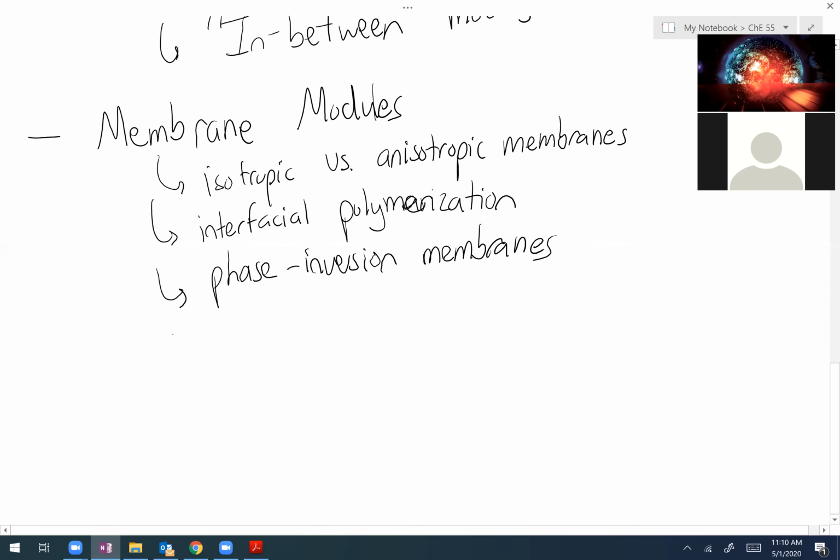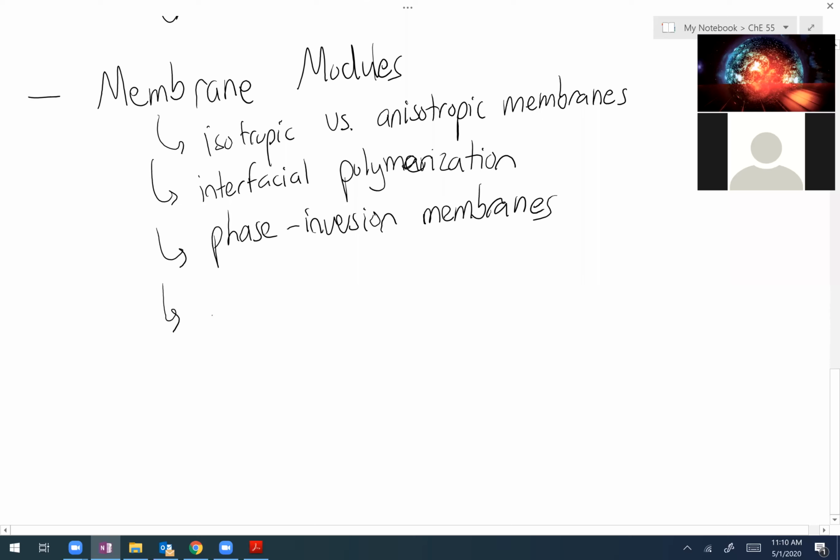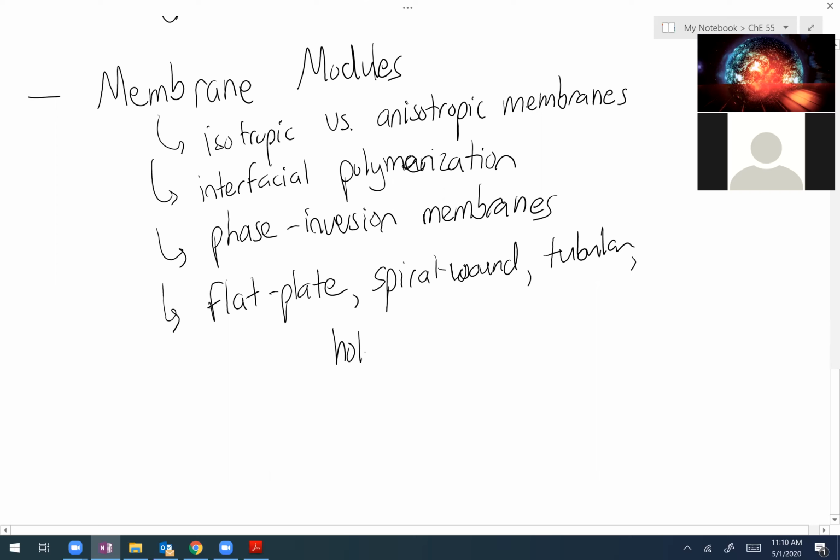Then we looked at the modules themselves, looking at flat sheet, flat plate systems. We also looked at spiral wound modules. We looked a little bit at the tubular membranes. And then the more important, bigger thing was the hollow fiber.